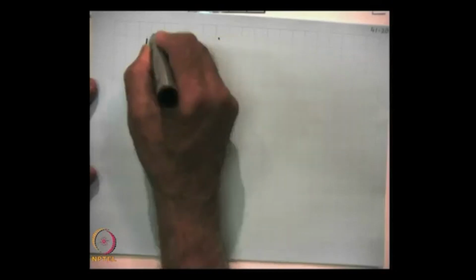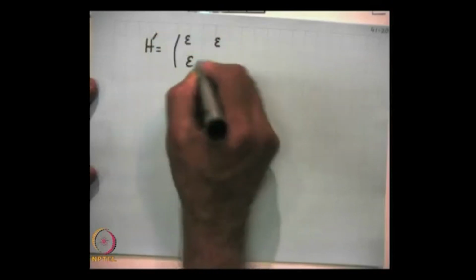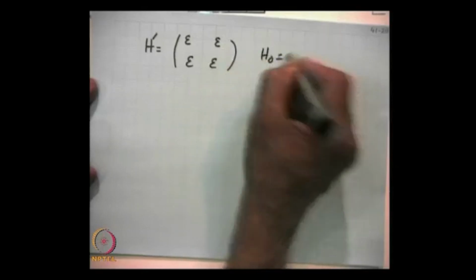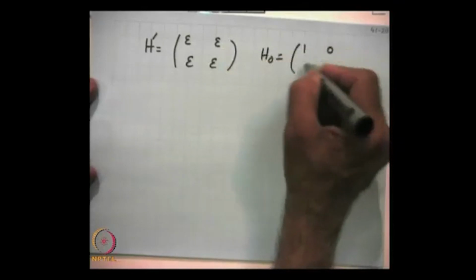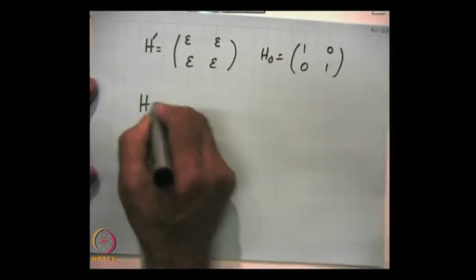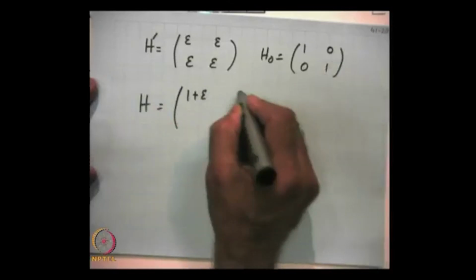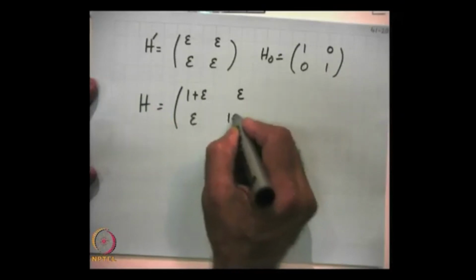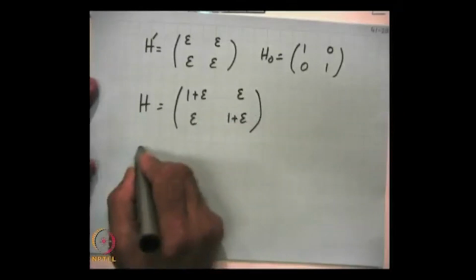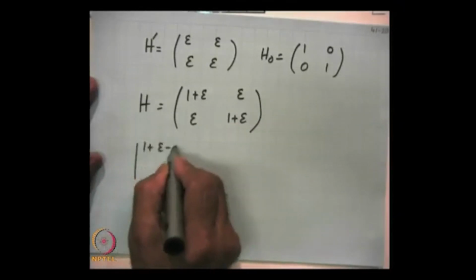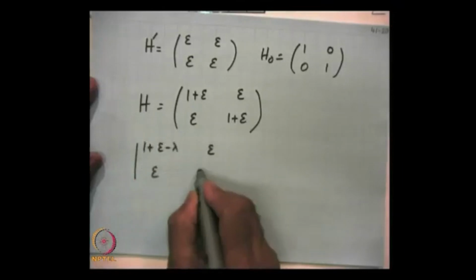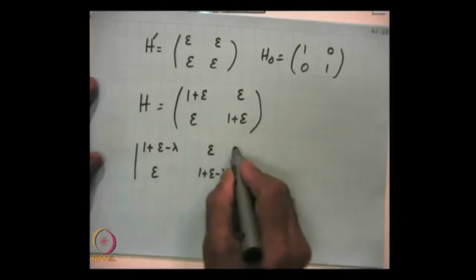Now, before I continue further, let me also mention that the total matrix H is given by H naught plus epsilon H prime. So, H prime was equal to this matrix and H naught was equal to 1 0 0 1. So, the total matrix was equal to 1 plus epsilon, epsilon, epsilon, 1 plus epsilon, and therefore, the eigenvalues are obtained by determinant of 1 plus epsilon minus lambda, epsilon, epsilon, 1 plus epsilon minus lambda.